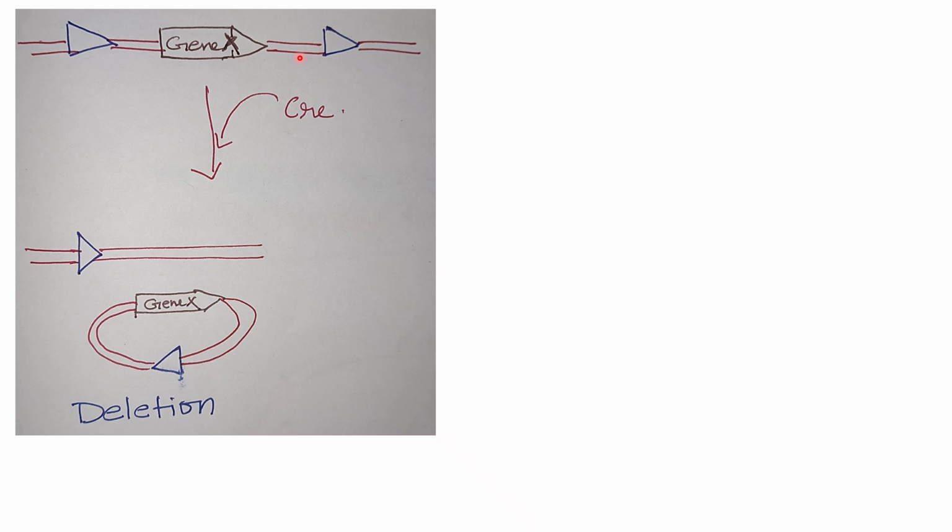Now depending on the position and orientation of these LOXP sites, you can bring about inversion, deletion, translocation. Here I have given deletion as an example, but when you are discussing the part B questions, I will tell you regarding insertion, deletion, translocation and all.